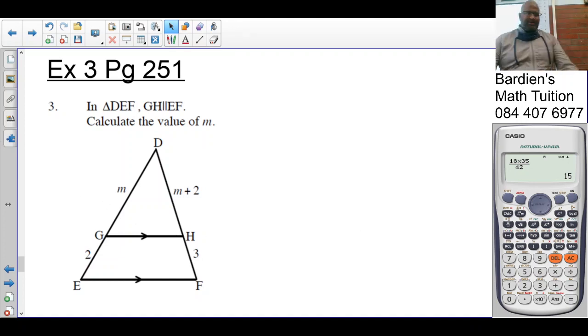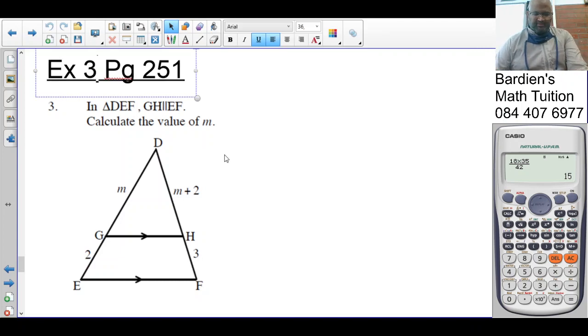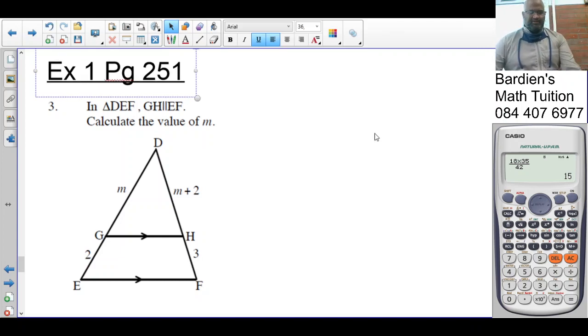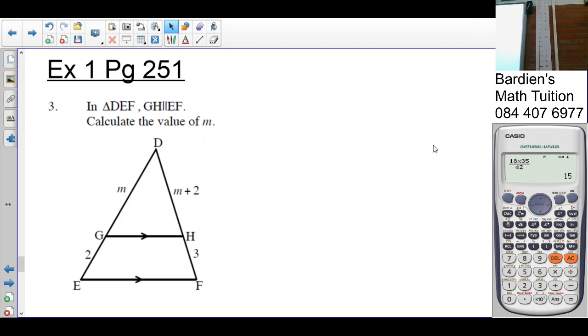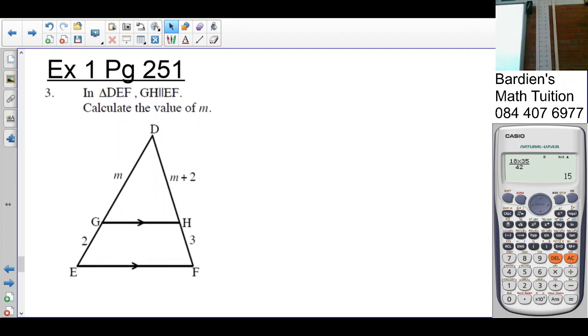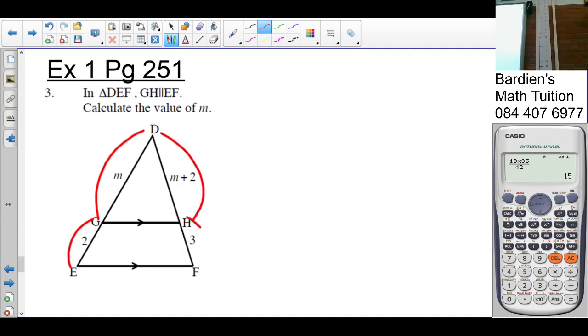It's exercise 1, page 251, number 3. We are told that in triangle DEF, GH is parallel to FE, so then we know that DG over GE is equal to DH over HF. Not so?